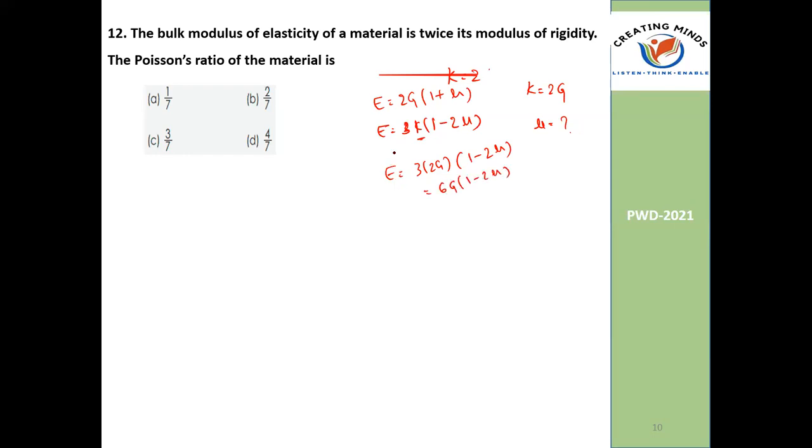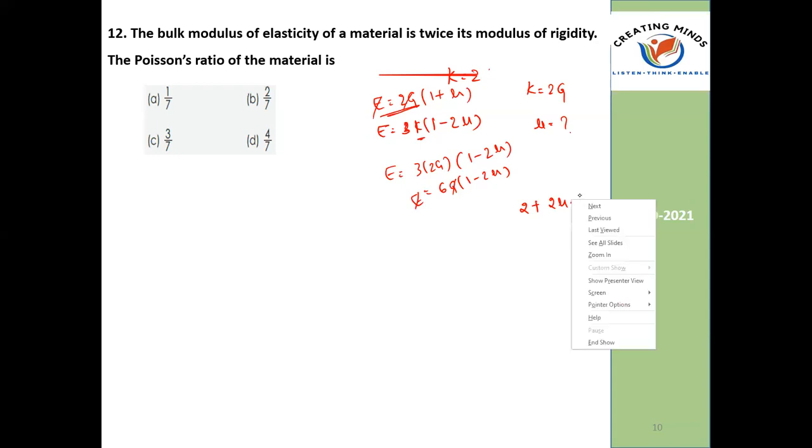If you equate this equation for E to the other, E cancels and G cancels. The remaining terms are 2 plus 2 mu on one side, and 6 minus 12 mu on the other.